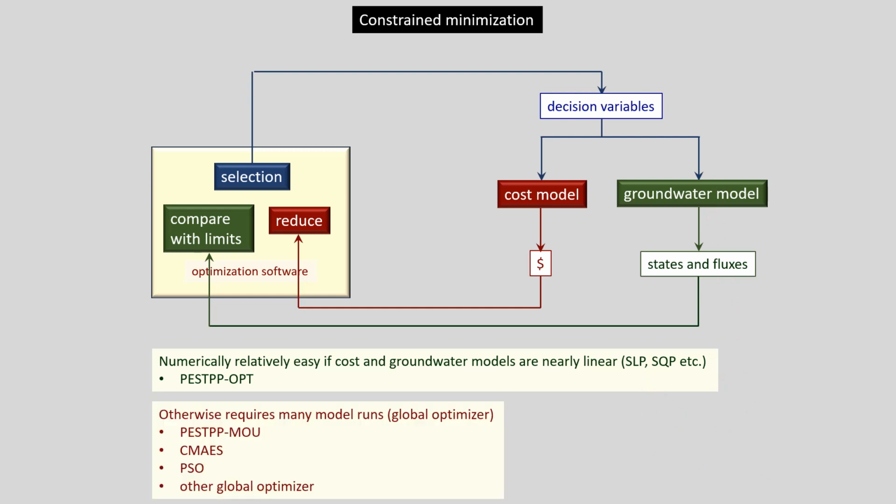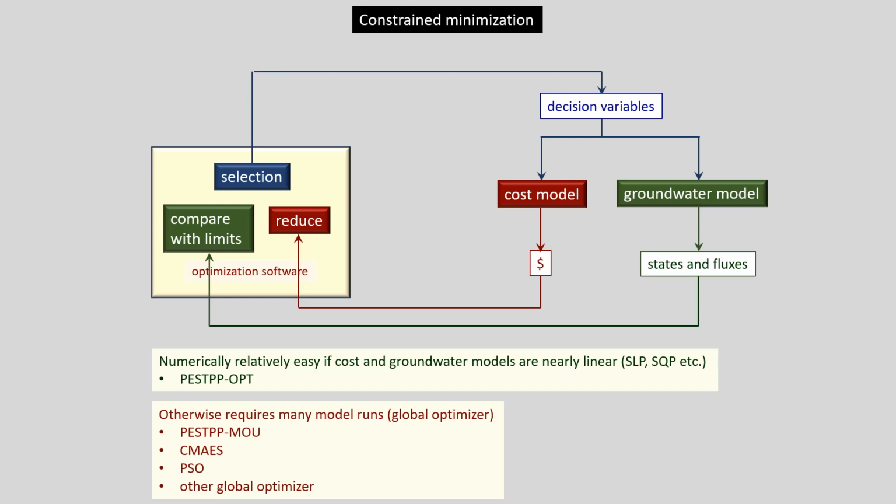If, however, these relationships are very nonlinear, things start to get a bit more complicated. But there are other tools that we can use, so-called global optimizers. These can work in worse situations where it might be hard to find the point at which cost is minimized subject to the constraints we want.